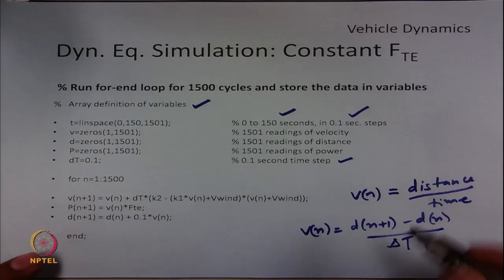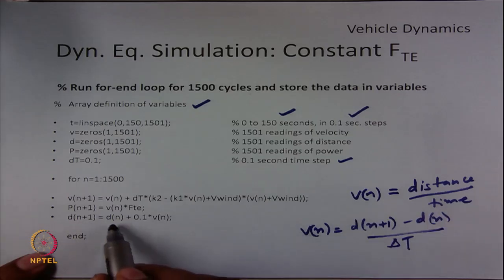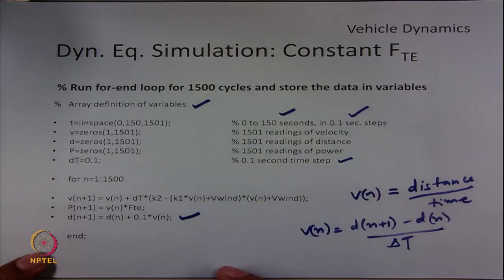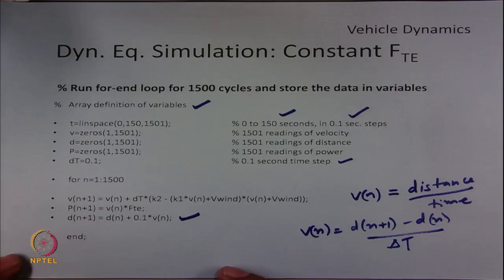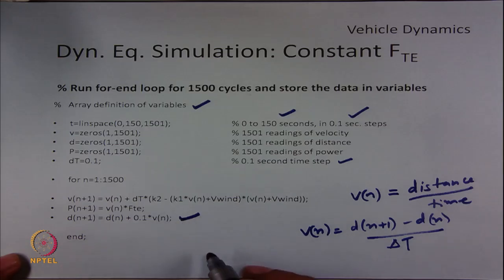Therefore, the new value of distance can be calculated as the previous value of distance and the delta t into the previous value of velocity. So, in this way we can write the time step based calculation of different variables.